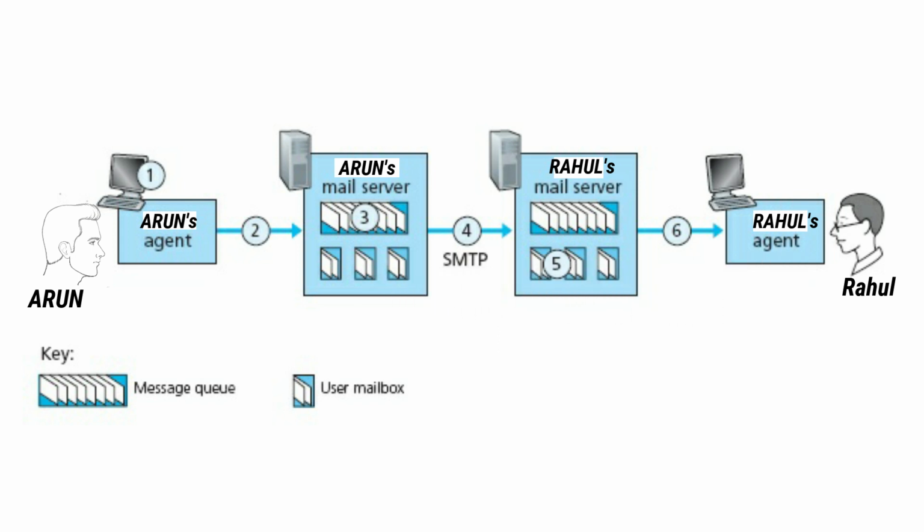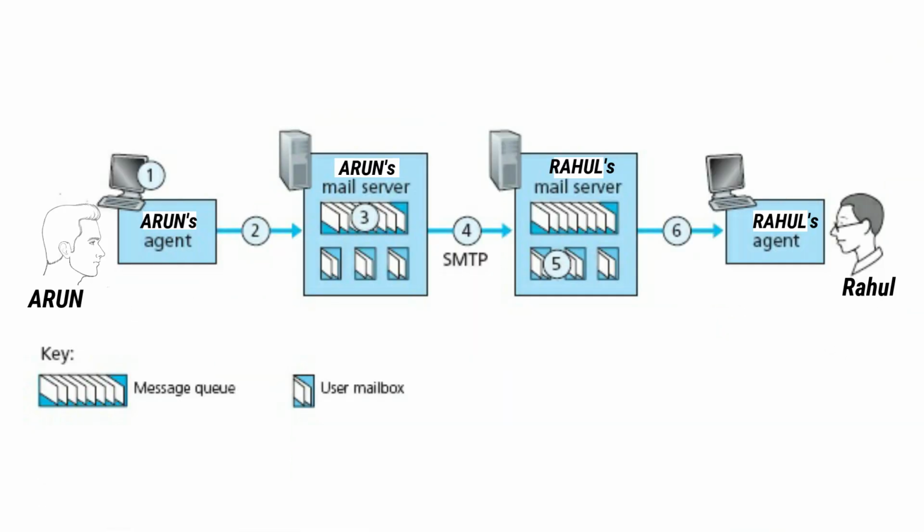The following steps show how Arun will send a mail to Rahul. First step, Arun invokes his user agent for email, provides Rahul's email address, for example, rahul@someschool.edu, composes a message and instructs the user agent to send the message.